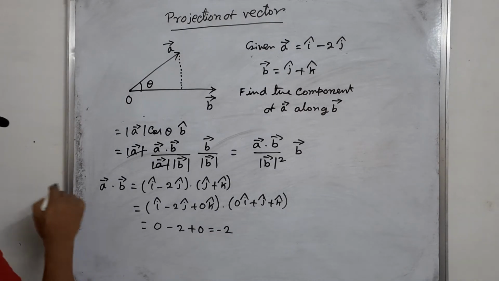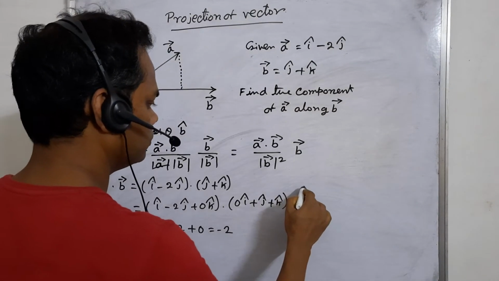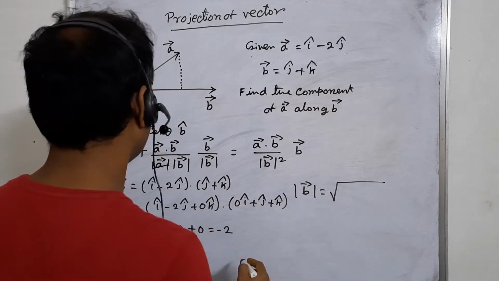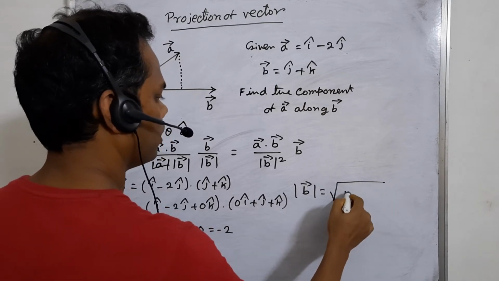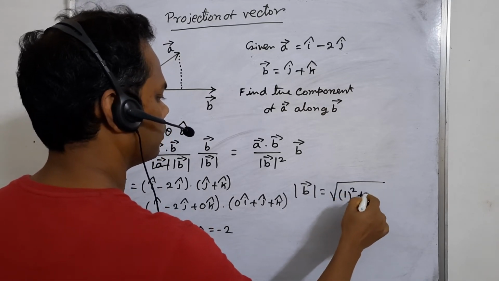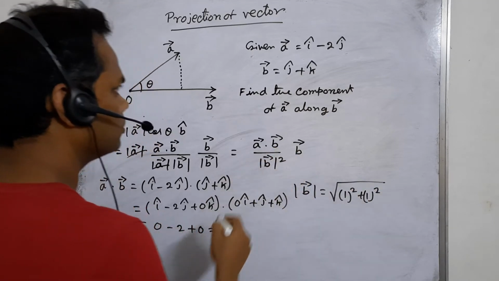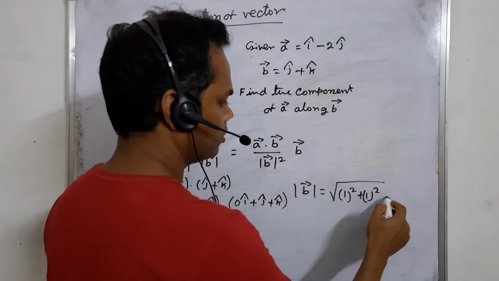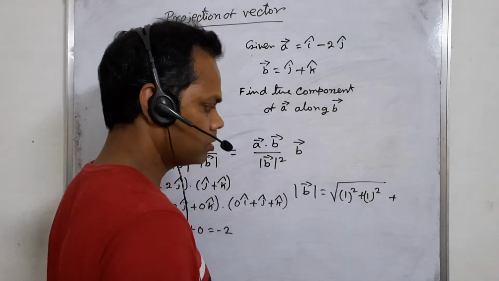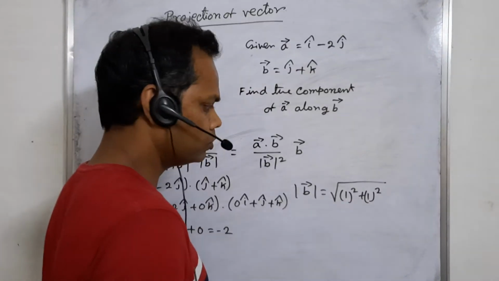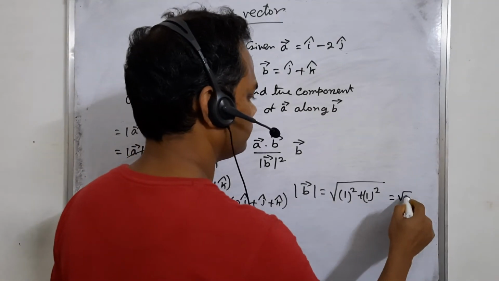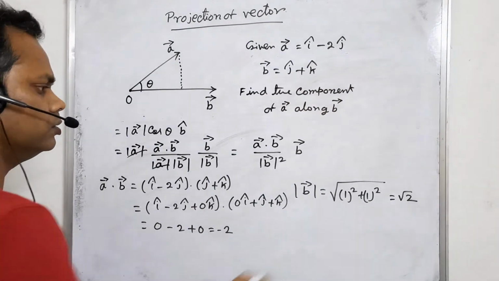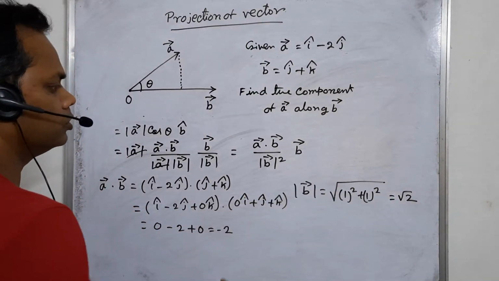And modulus of b is square root of 0 square plus 1 square plus 1 square, which is root 2. So a dot b is minus 2 and mod b is root 2.